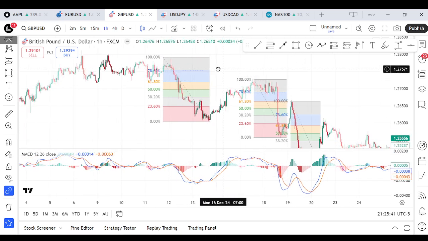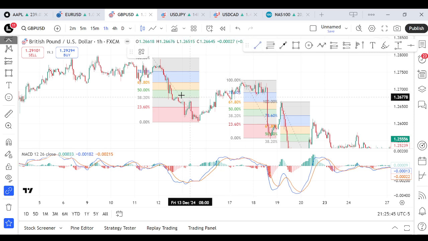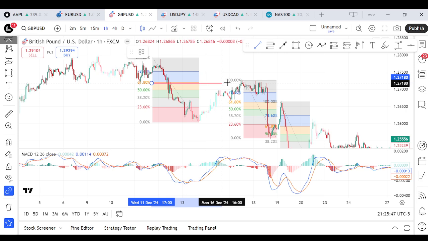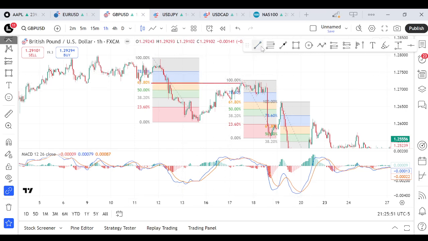So here we have our Fibonacci showing us that price should retrace to either the 61.8%, which is the golden zone, and we should be expecting the 61.8% or the 50% Fibonacci level.